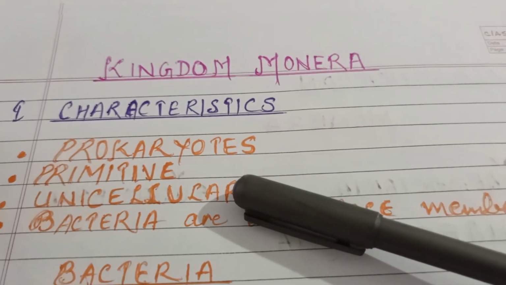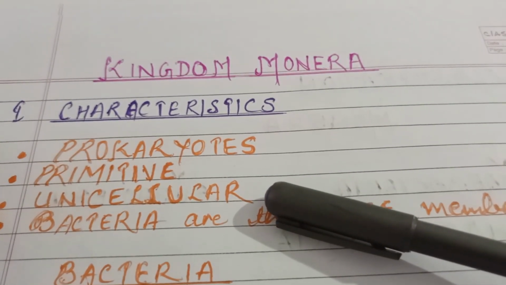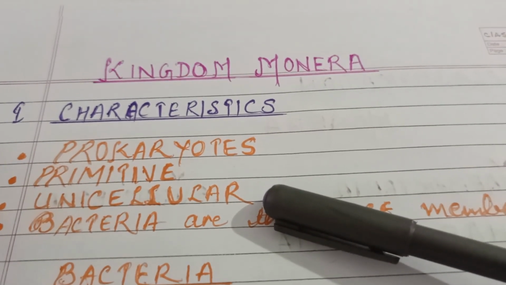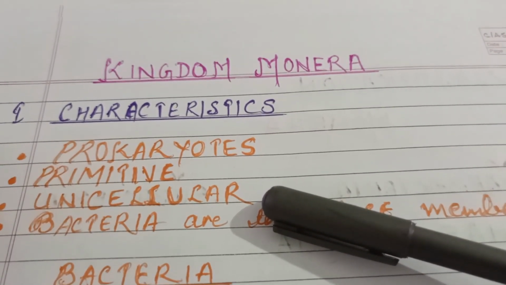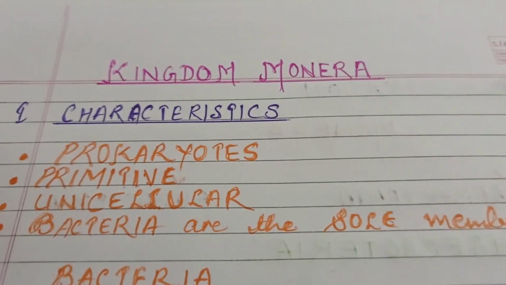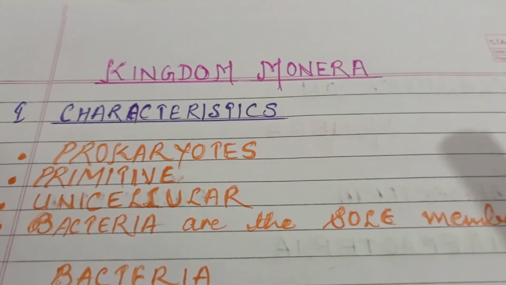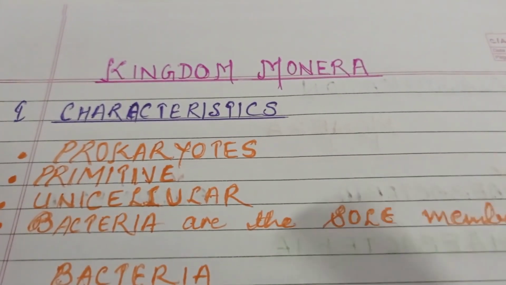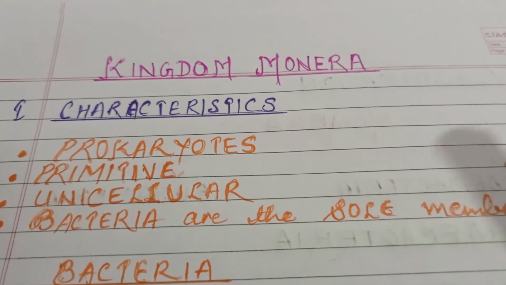Next character, they are unicellular in nature, means the whole organism is made up of a single cell. Uni means single, cellular means cellular composition. A living organism's body is made up of cells, then only it is living.